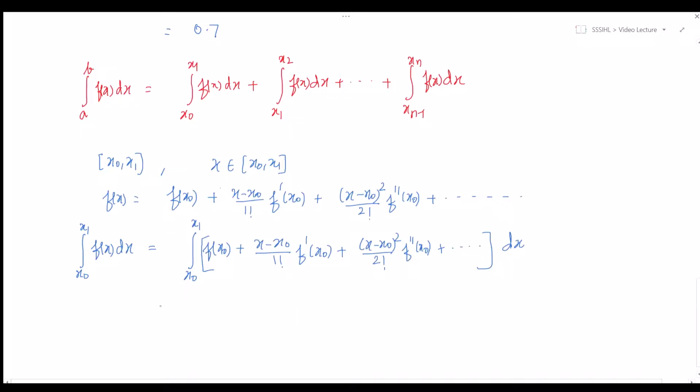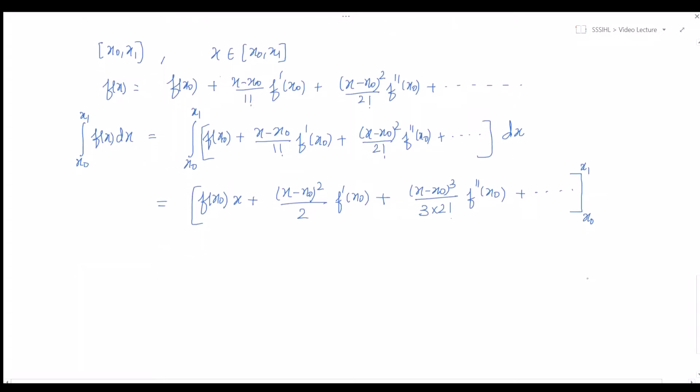Evaluating the integral, we get f of x naught into x, plus (x minus x naught) the whole squared by 2 into f dash of x naught, f dash of x naught being constant, plus (x minus x naught) the whole cube by 3 into 2 factorial into f double dash of x naught plus etc., between the limits x naught to x1.